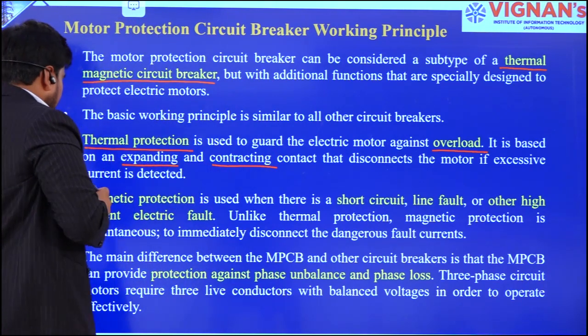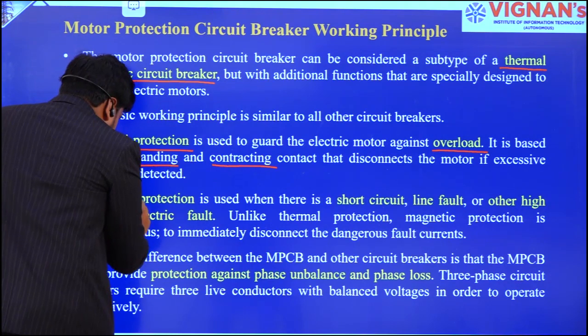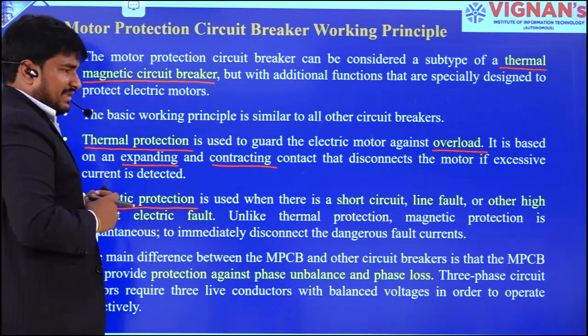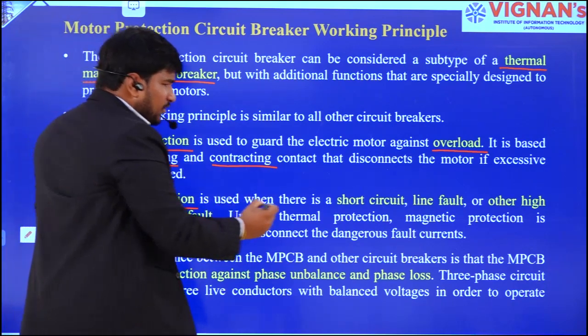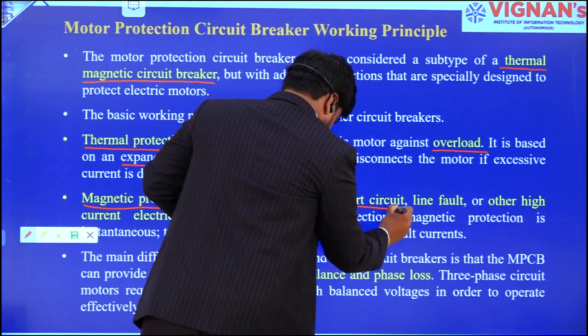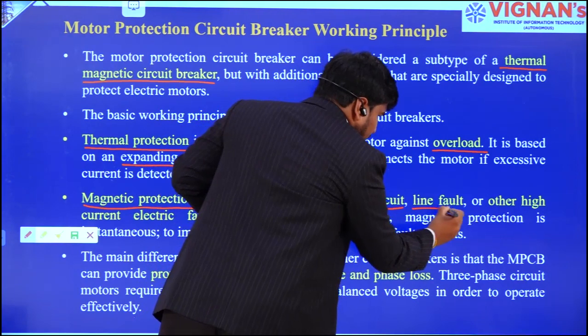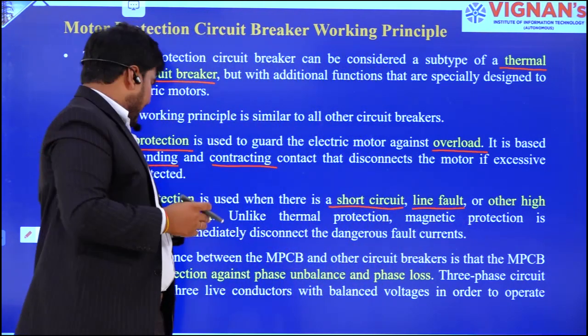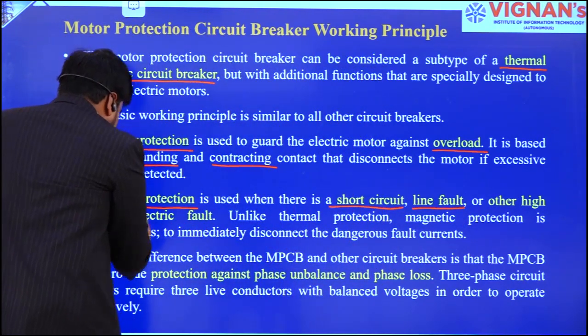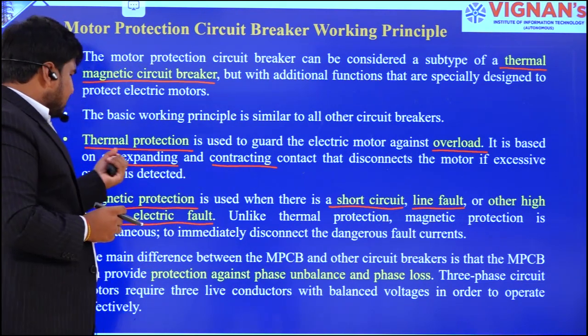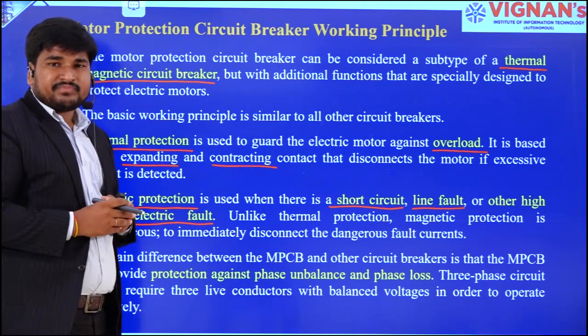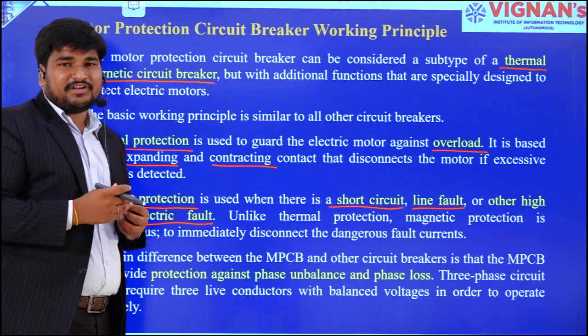So the second principle is magnetic protection. In case of short circuits, or in case of line faults, or any higher current electric faults, thermal protection will not give sufficient protection.